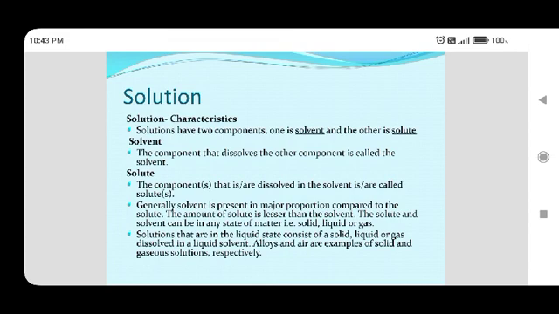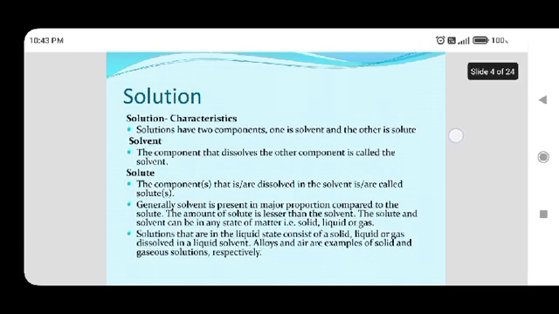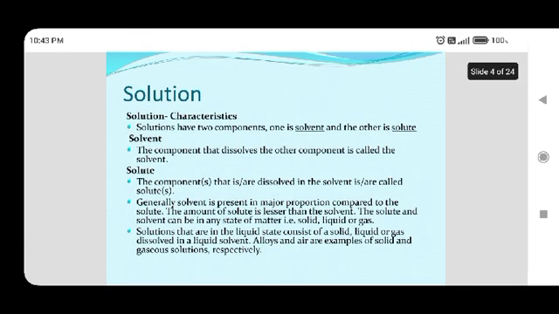The amount of solute is lesser than the solvent. The solute and the solvent can be in any state of matter, that is solid, liquid or gas. So that should be noted. We could see some examples in the next slides. Solutions in the liquid state consist of a solid, liquid or gas dissolved in a liquid solvent. Alloys and air are examples of solid and gaseous solutions respectively.